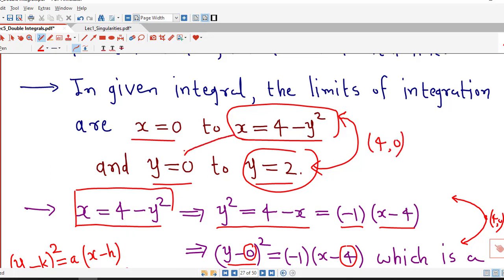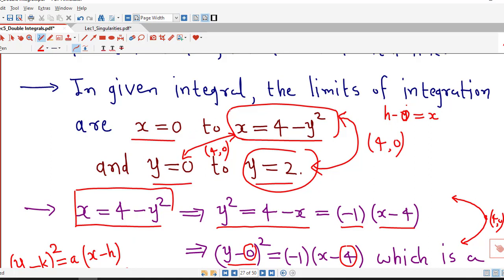Similarly, if we consider these two and put y equal to 0, then x is 4. If we put y equal to 0, we have 4 minus 0 equal to x. So these two will also intersect at (4, 0).